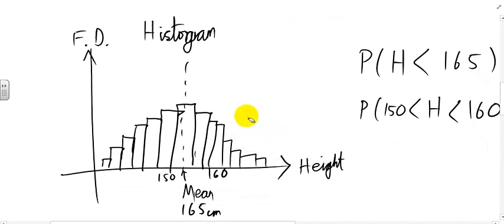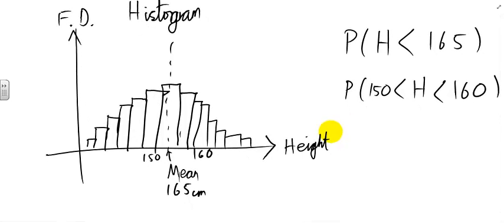Now, the histogram will have a high frequency at the mean, and the height of the bars will decrease as it gets further from the mean, and the height of the bars will be really low really far from the mean.